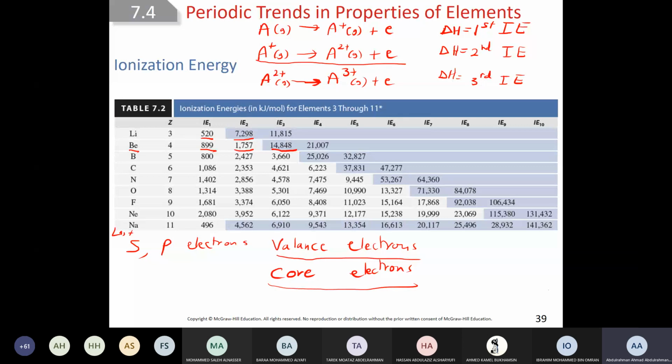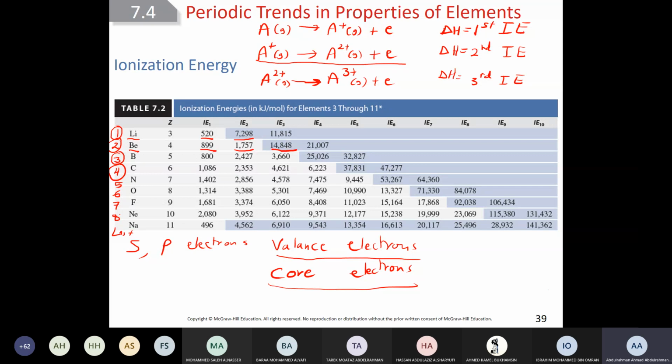What's the valence of lithium? 1. Be? 2. How about B? 3. How about C? 4. Nitrogen? 5. Oxygen? 6. Fluorine? 7. Neon? 8. And 9. Sodium? 1.